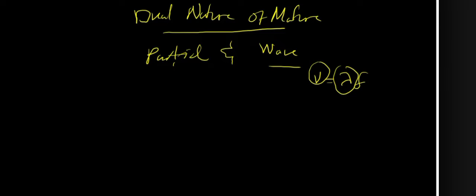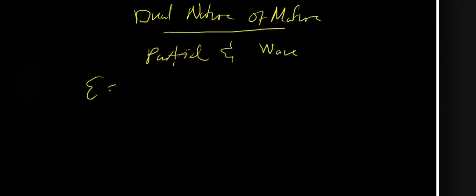So we have just come to understand that we can calculate the energy of a photon. Remember, a photon is a wave. That is because we know the velocity and also the wavelength. So we can calculate the energy of a photon, which is a wave, by saying Planck's constant times the frequency.